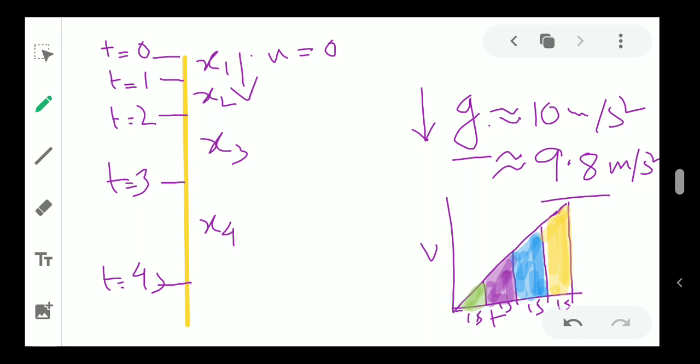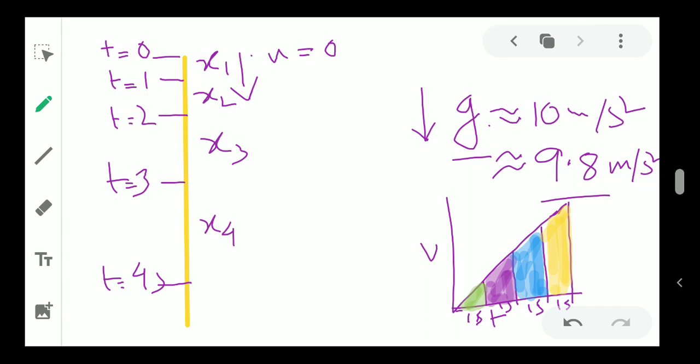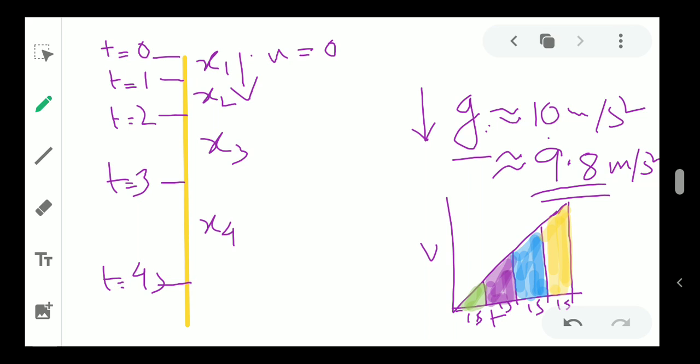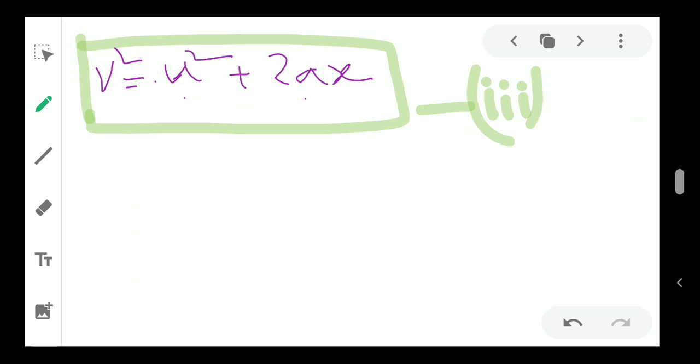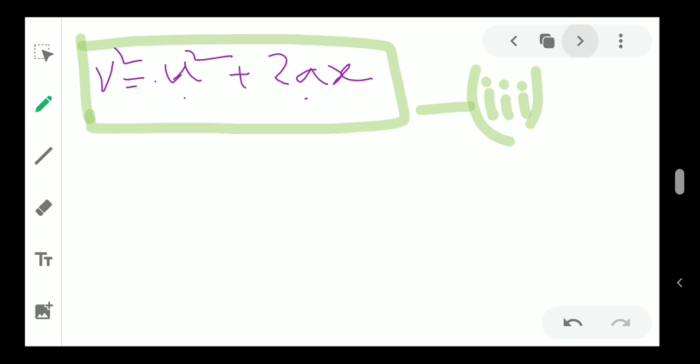I know a because a is nothing but g in this case, which is 10, or whatever value you use. Most of the time we will be using this value, but for international boards and those cases we are going to use 10. So we know u, we know a, and we know t, so we can easily find x.